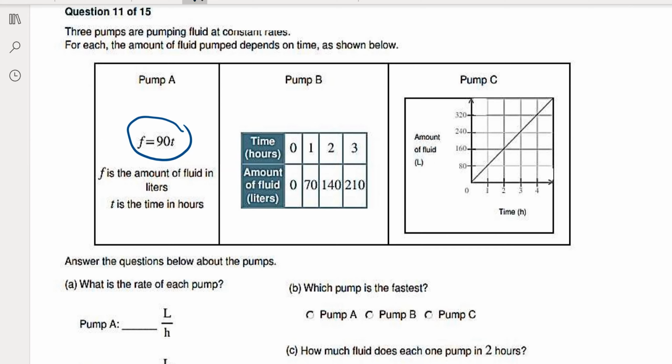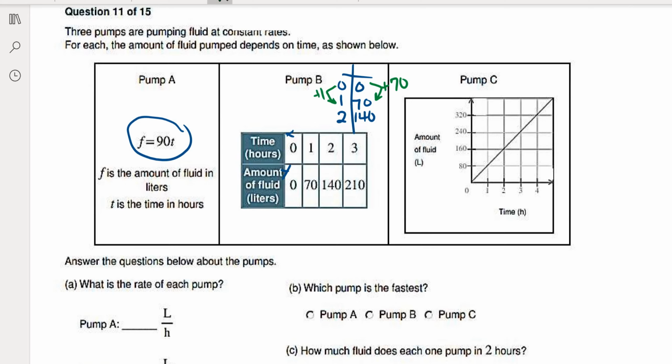So I'm going to take the X and the Y and put it in a table going vertically, just to help me out a little bit there. So if I move from 0 to 70, that's an increase of 70. And if I go from 0 to 1, that's an increase of 1.